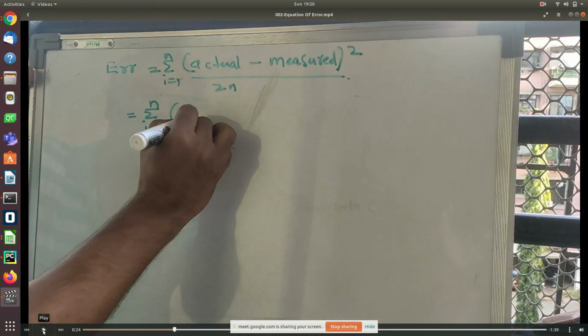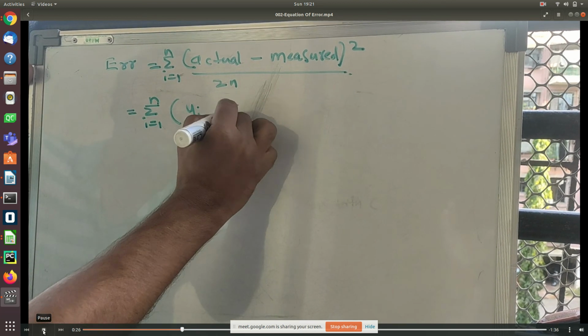So can anybody tell me what is actual and what is measured? Actual are the points and the measured are the ones which we derive after predicting that. Exactly. So the actual is yi, okay. The measured is mera m or mera c and xi.